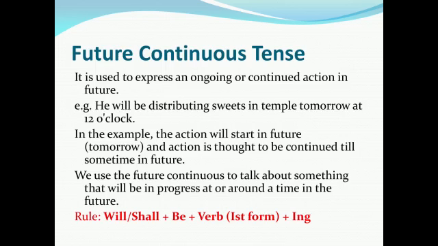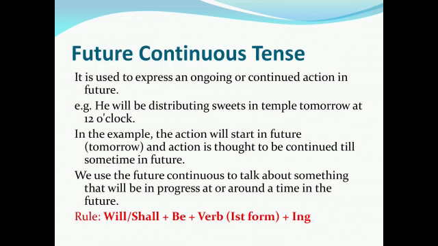So there's a specific time. At that time, he'll be doing that particular action. In the example, the action will start in future, tomorrow. So here future is tomorrow. Tomorrow word denotes the future and will is used to denote that in the sentence.